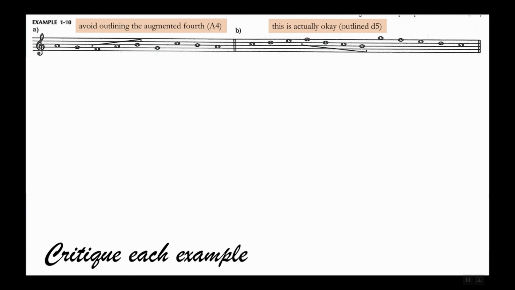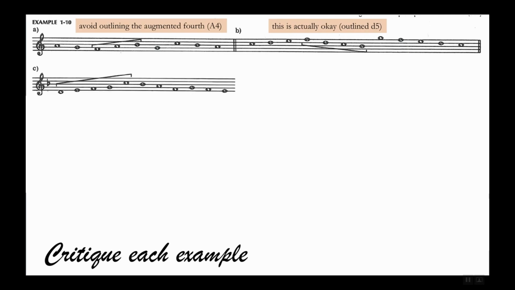So give it a listen again. Not too terribly bad. Okay, letter C. Let's see what's going on. I'm going to do it again because I messed up. I'll do an octave below.